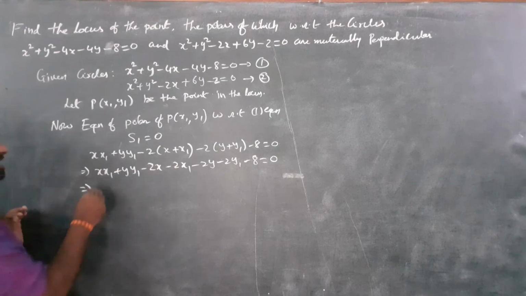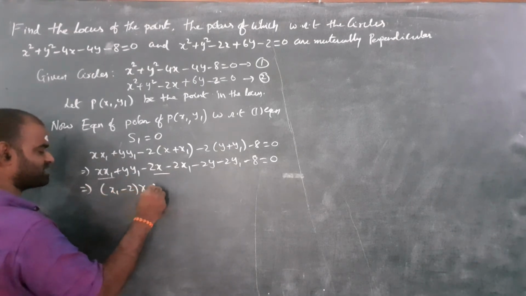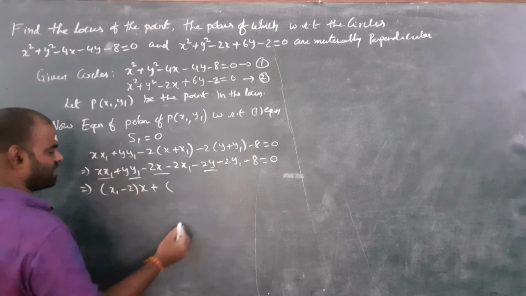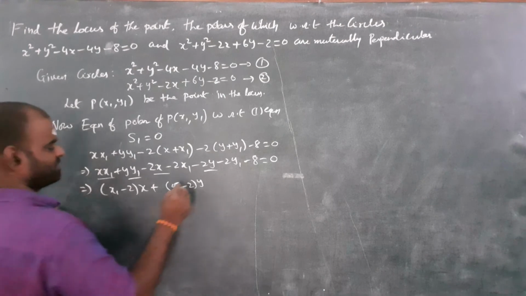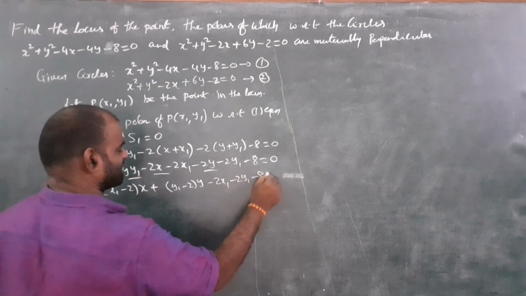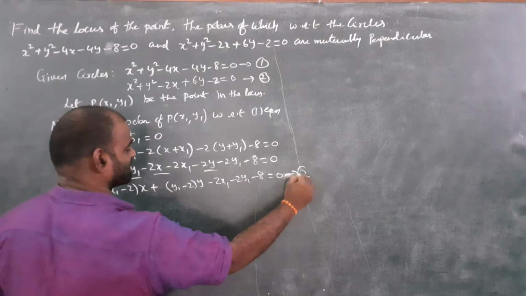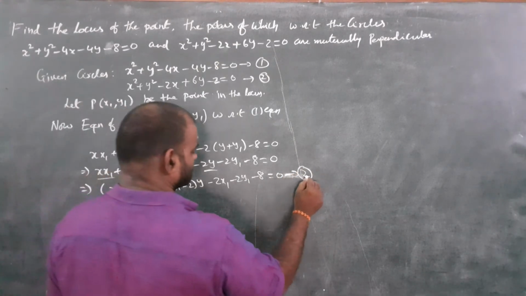Taking x terms common, it is (x1 minus 2) into x plus, taking y common, (y1 minus 2) into y minus 2x1 minus 2y1 minus 8 equal to 0. This is the third equation.